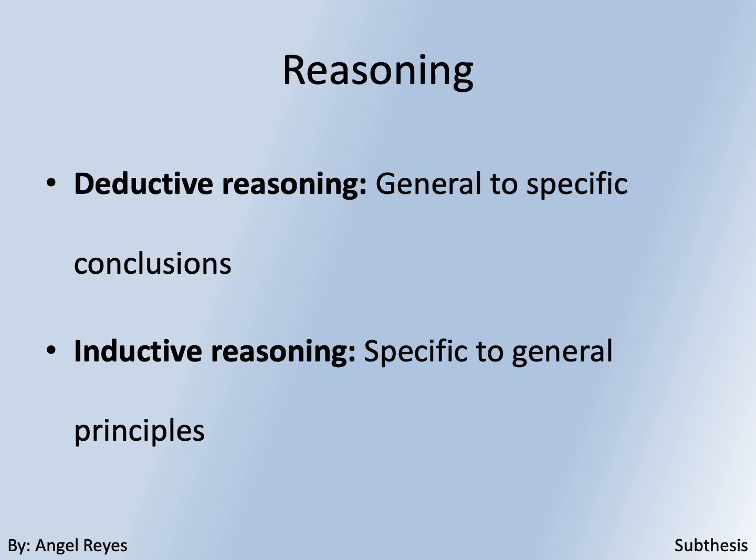For instance, observing that every crow you've seen is black leads to the generalization that crows are black birds. Both forms of reasoning provide powerful tools for knowledge creation, but can lead to error if initial premises are flawed or if the reasoning process contains logical fallacies.